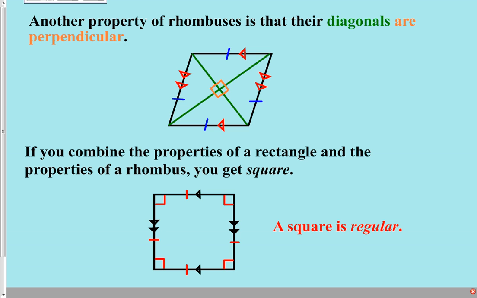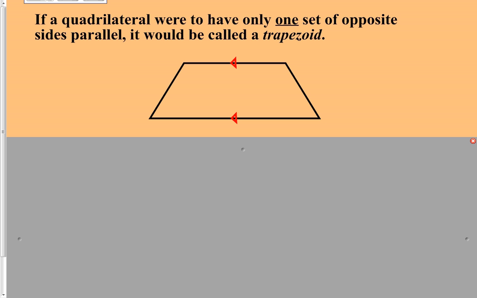Now, parallelograms are not the only type of quadrilaterals that are out there. So let's look at a couple of other kinds. These won't take nearly as long because they don't have nearly as many properties. Let's say our quadrilateral did not have both sets of opposite sides parallel. Let's say it only had one set of opposite sides parallel. We would not call that a parallelogram. We would call that a trapezoid.